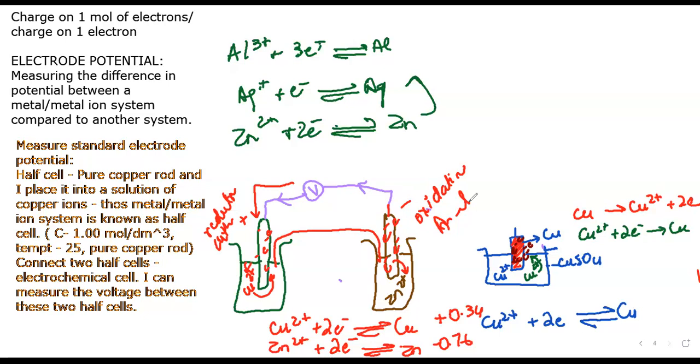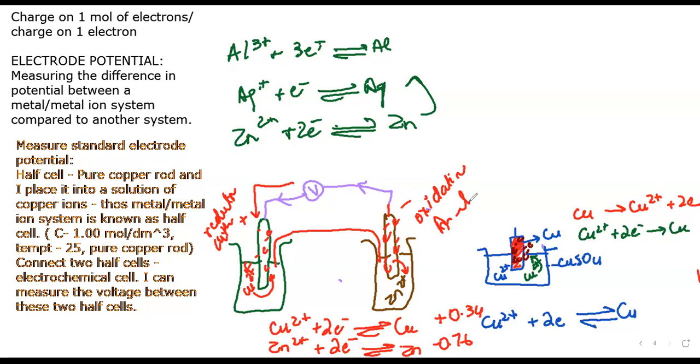Negative is not always anode. That's an electrolysis. This is not electrolysis, this is a cell where I'm making electricity. I'm not using electricity. So electrolysis and cell are opposite to each other in this way. In a cell, the anode is negative and cathode is positive. In electrolysis, it's the other way around. The cathode is negative and the anode is positive.